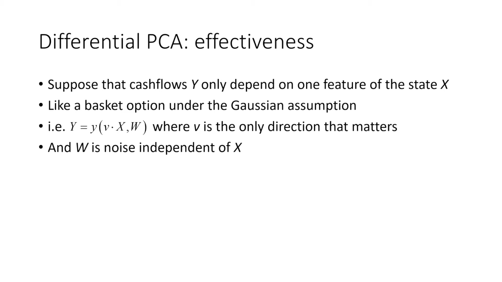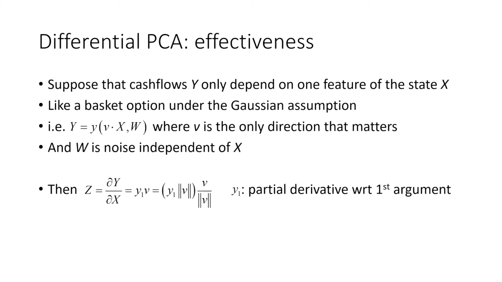Then by a straightforward application of the chain rule, z is equal to y1 v, where y1 is the partial derivative of y with respect to its first argument. This equals y1 norm of v times v over its norm. The left term y1 norm of v is a random number, and the right term v over its norm is a fixed vector.